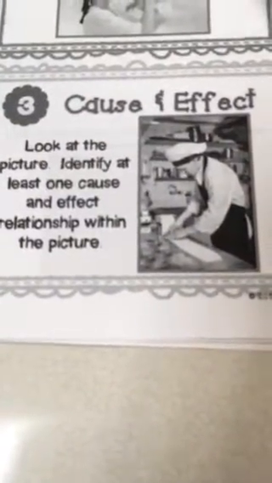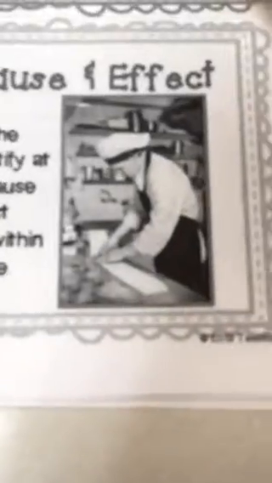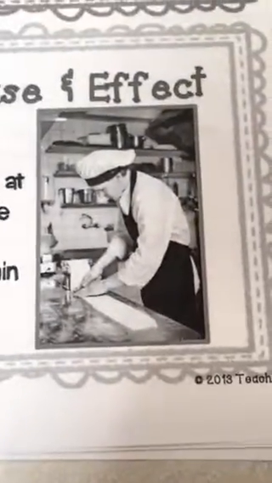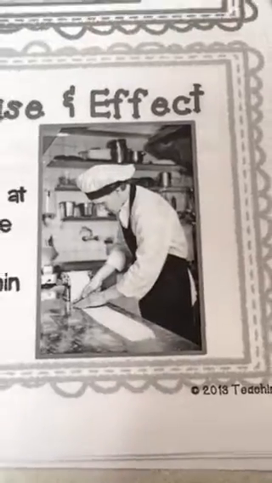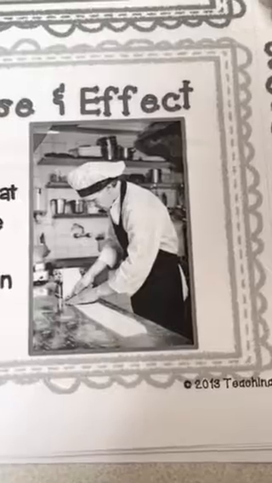Now I want you to look at this picture and try to think in your head. So you're going to try to identify at least one cause and one effect. Remember, the effect is what happens, and the cause is why that happens. So, it's a little bit tricky to see, but what do you think is going on here first? What happened?